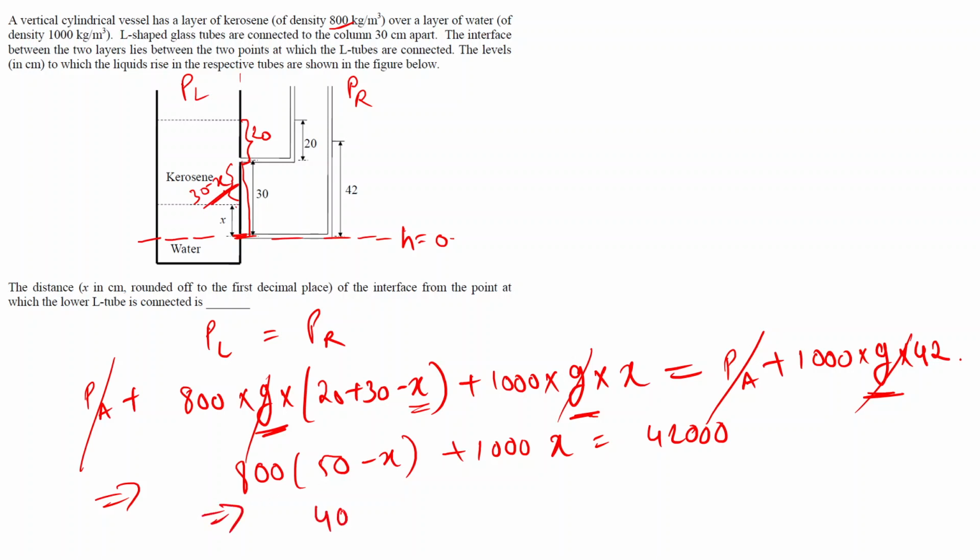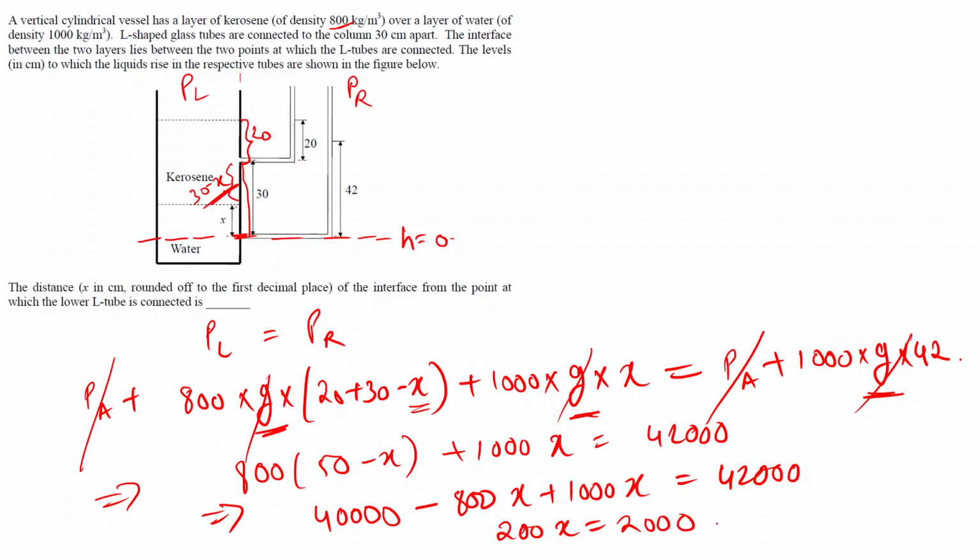And this will be 40,000 minus 800x plus 1000x is equal to 42,000. This will be 200x is equal to 2000. So from here we will be getting x as 2000 upon 200, which is equal to 10.